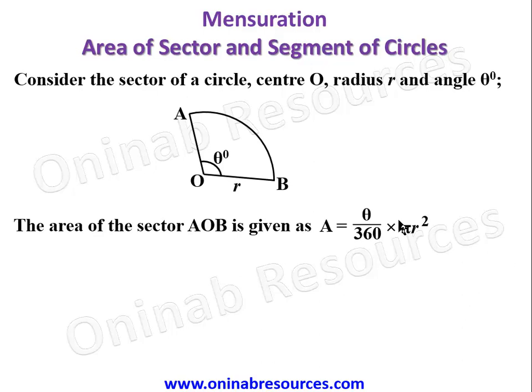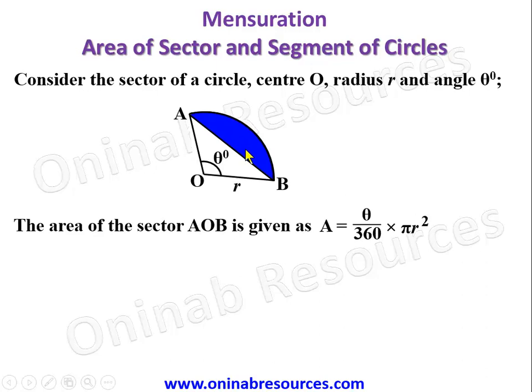The fraction is represented by theta over 360 here, and since the area of a circle is pi r squared, we multiply it by the area of the entire circle to get the area of the sector.